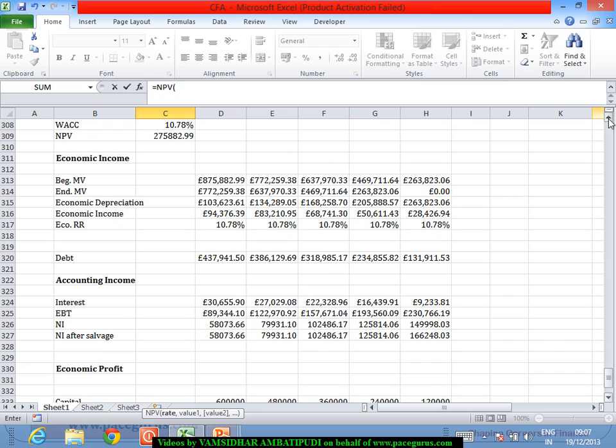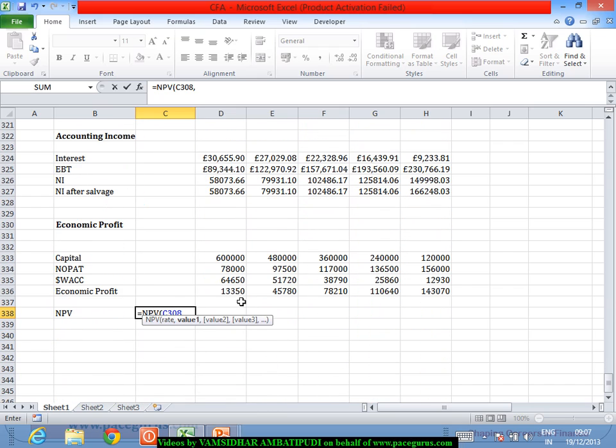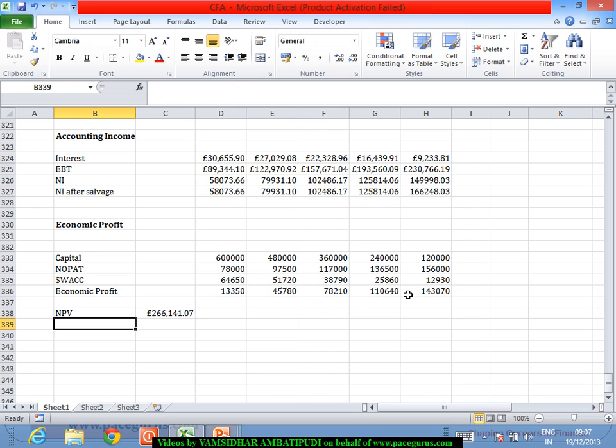When I discount these economic profits at the weighted average cost of capital, I am going to get around 266,141, and this is also called the market value addition.